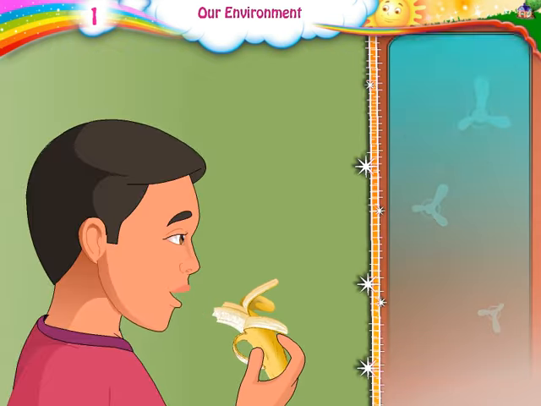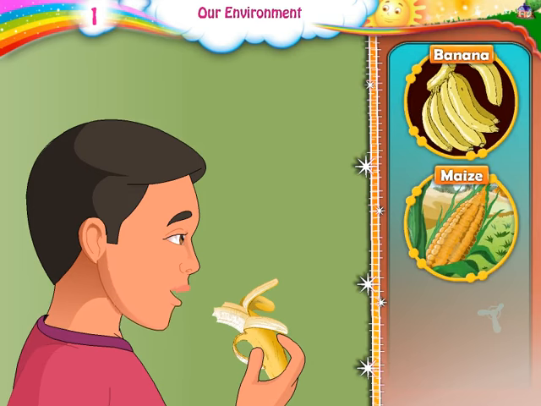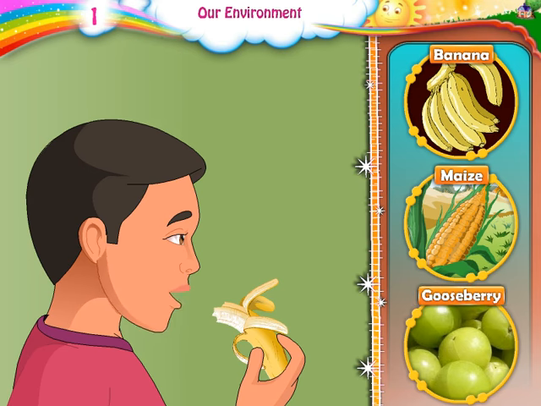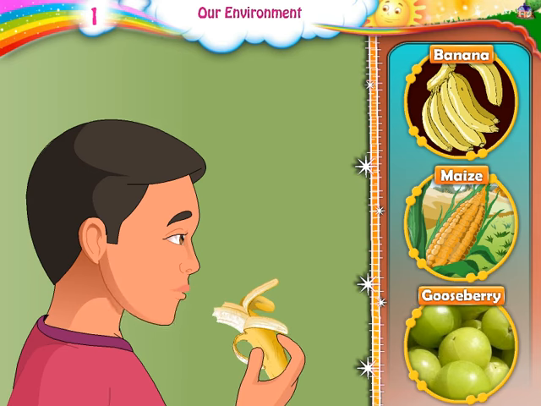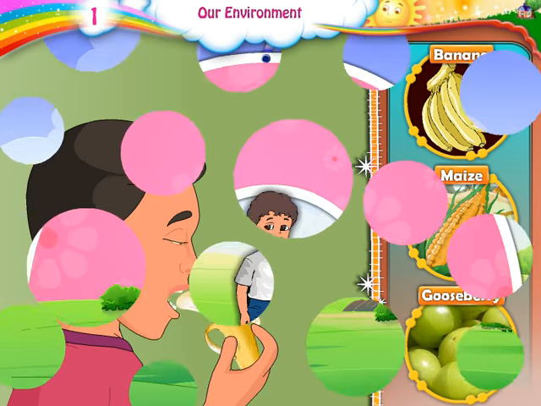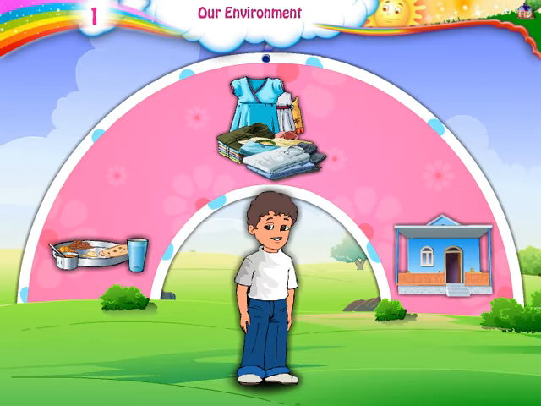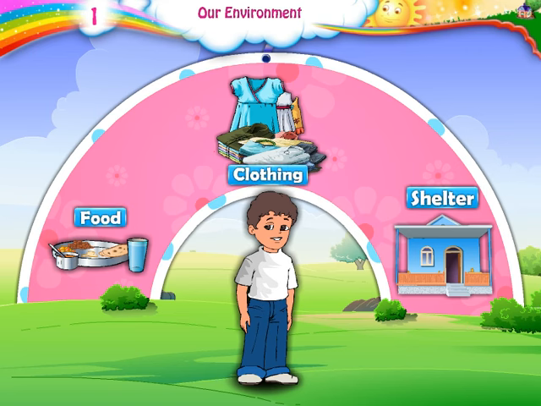Man includes fruits like banana, crops like maize, and vitamin-rich foods like gooseberry in his diet, which he obtains from the environment. In this way, our environment helps us to satisfy our needs for food, shelter, and clothing.